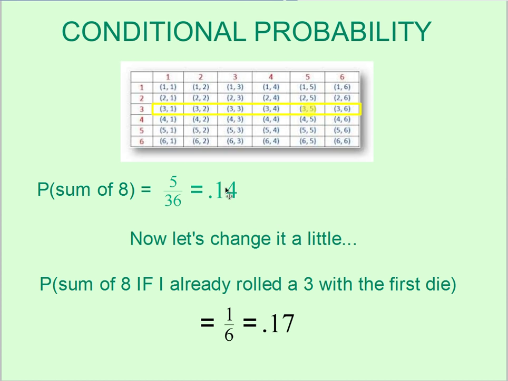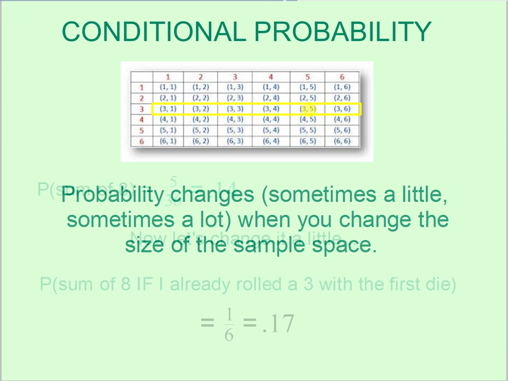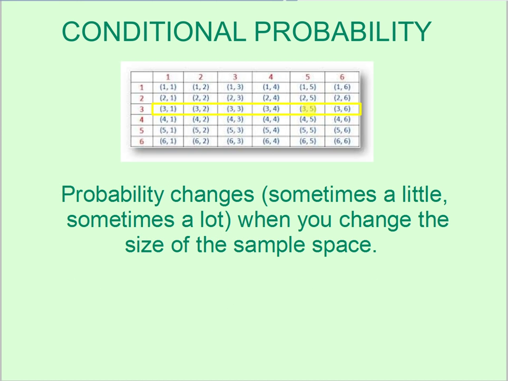Not a huge change in the overall scheme of things, but enough to make a difference. Sometimes with conditional probability, our probability is going to change a little, and sometimes it's going to change a lot. It's going to be really significant. This all happens when I change the size of the sample space.